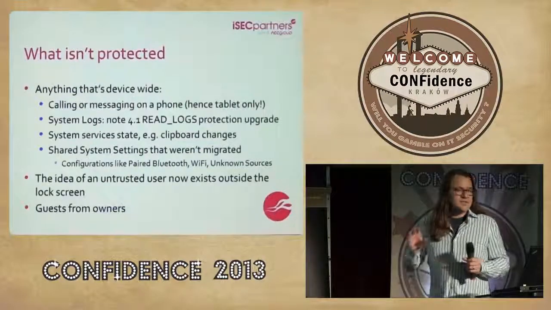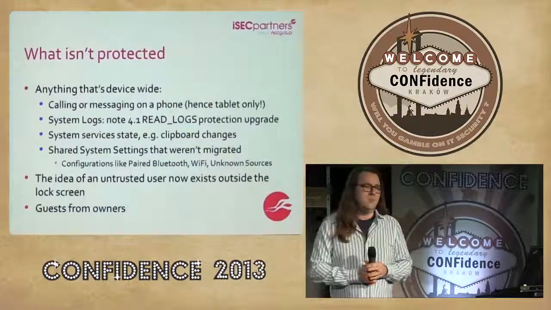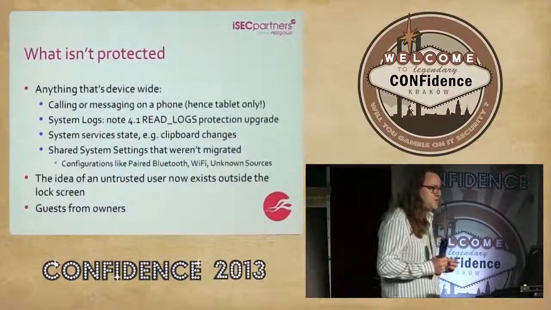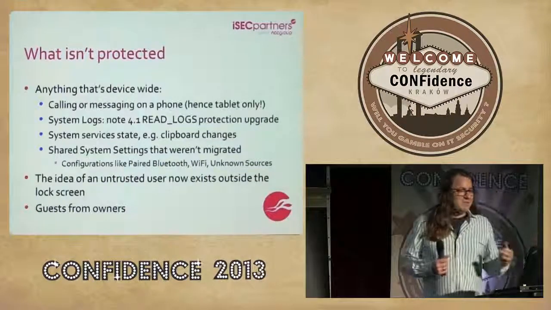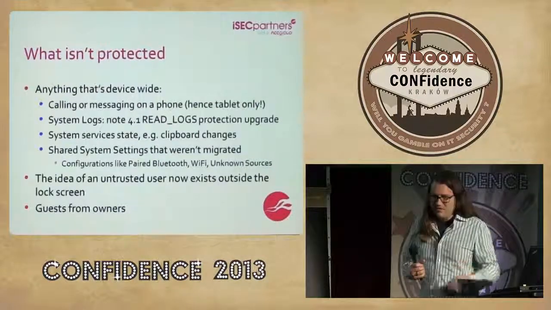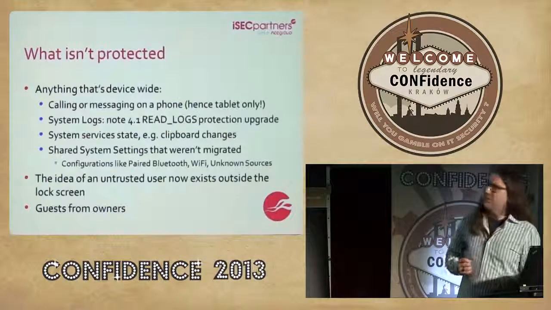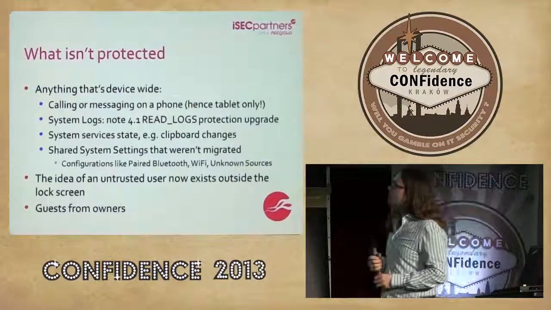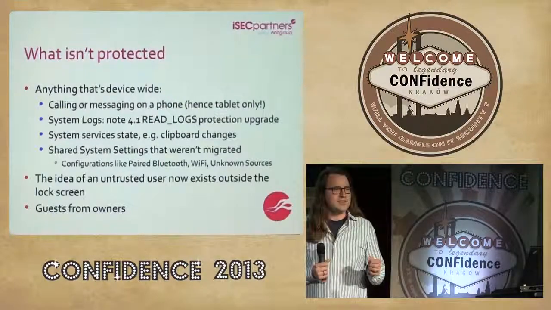And then shared system settings that aren't migrated. So there's things, configurations like Wi-Fi. Wi-Fi is too important to just not allow people to use, right? We need to have that sort of be trusted. Also, normally when we think about Android devices, anyone who's touching the screen outside the lock screen is trusted, right?